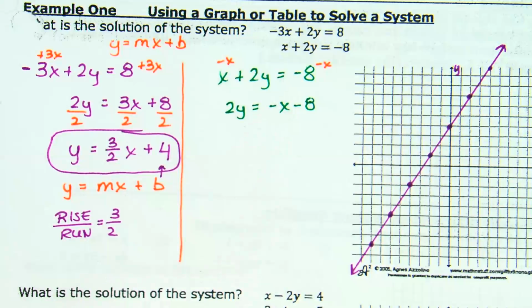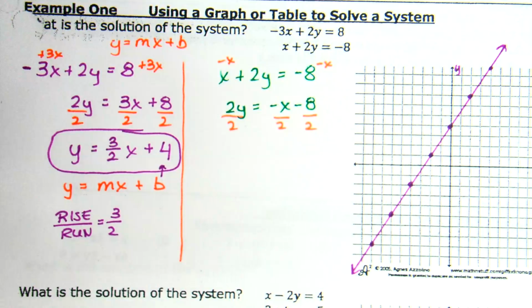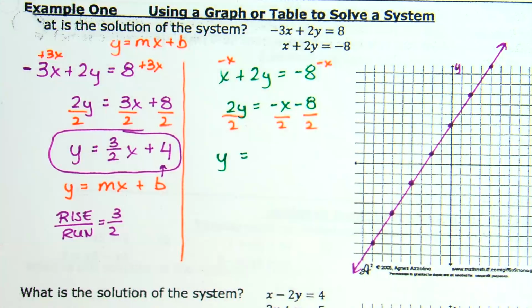No, we got to get rid of that 2, don't we? Okay, so since it's 2 times y, we're dividing by 2 again. 2y divided by 2 is y. What is this negative x divided by 2? Okay.